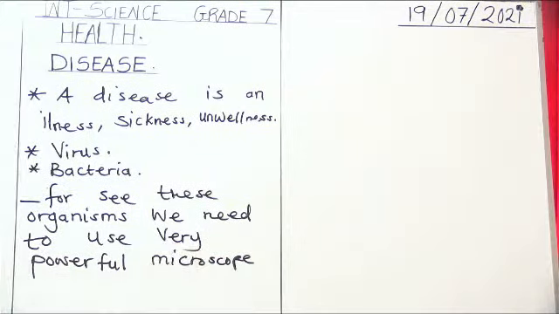Okay, so this powerful microscope is the only instrument that we can use to see the virus and the bacteria. Remember I said a bacteria and a virus, they are very small organisms. We cannot see them using our naked eyes.